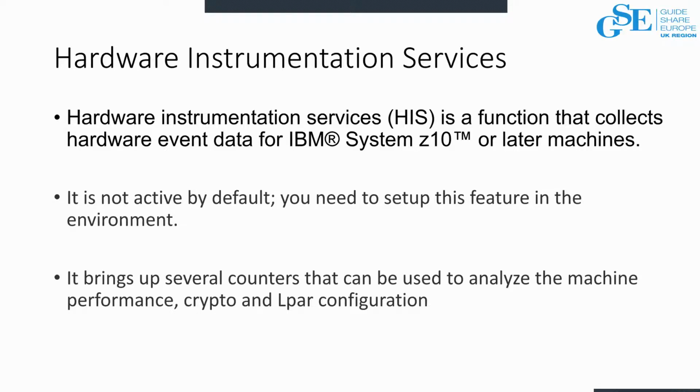Using this information, you have different counters to understand the hardware behavior and the hardware configuration. So also you can see information on crypto processors and LPAR configuration, cache levels, the speed of the instruction execution, and other stuff.